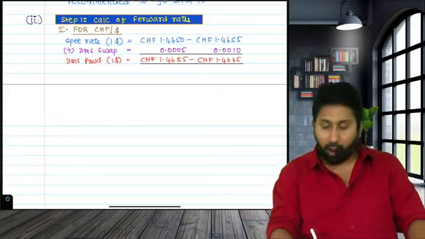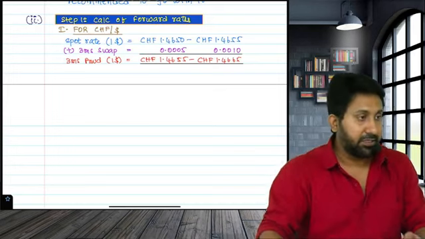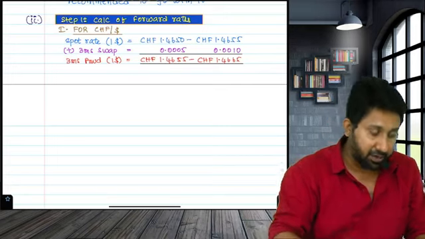First one completed: 1.4655, 1.4665. This is the forward rate for CHF and dollar.